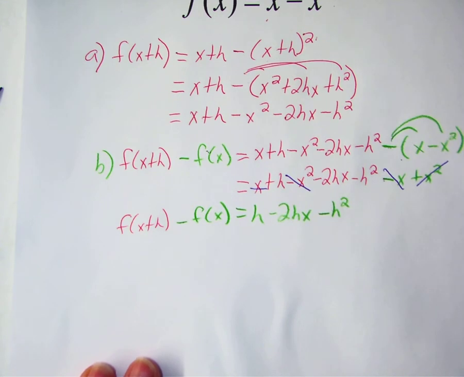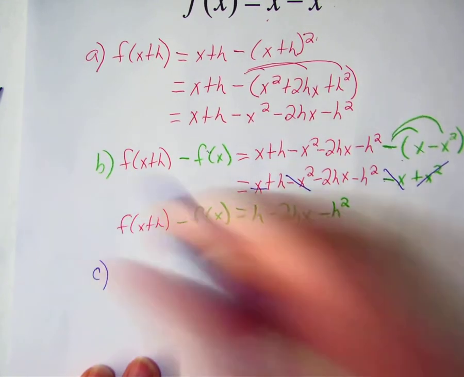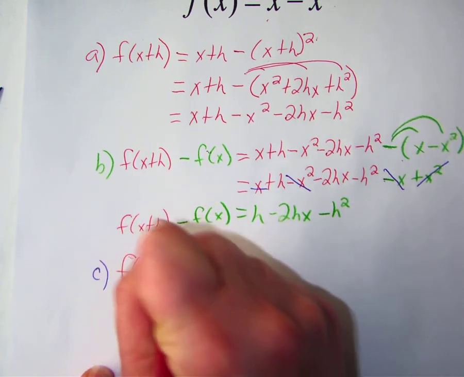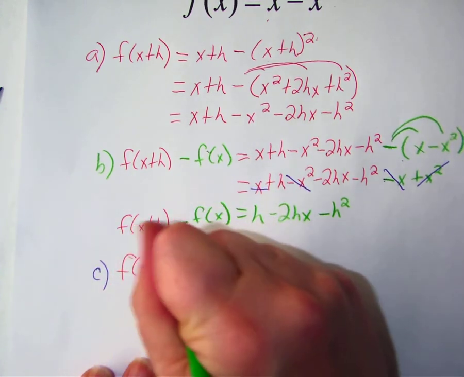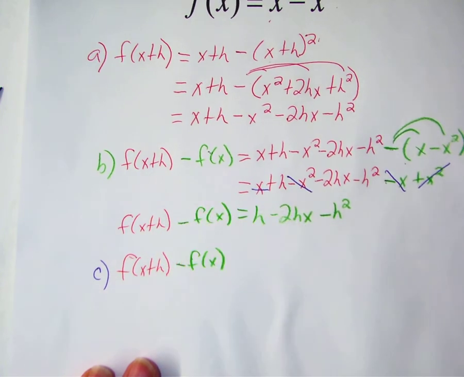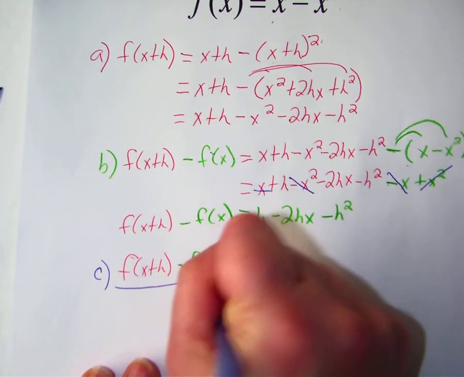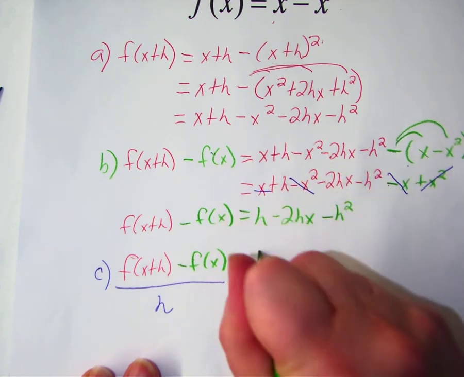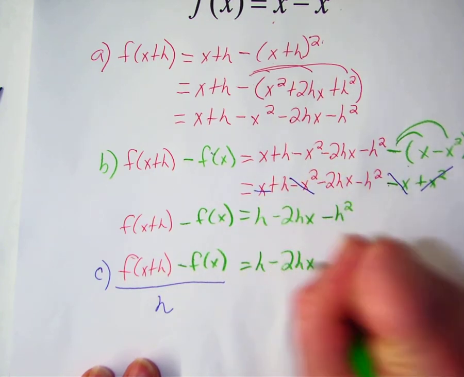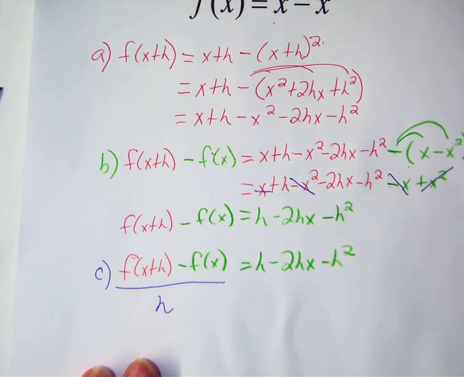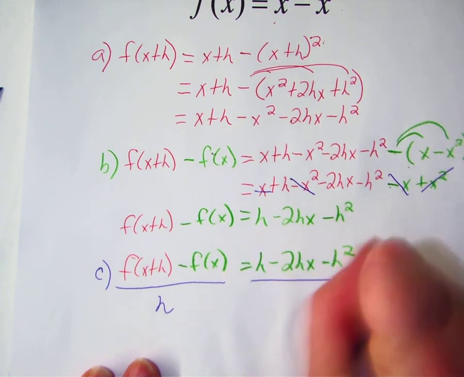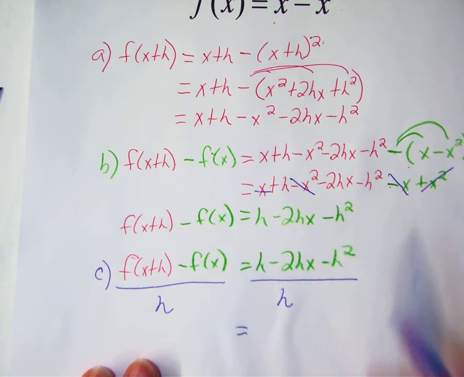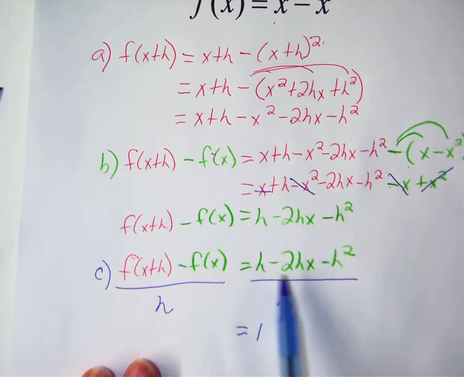The last step, divide by h. Take everything we had in the previous step. Divide it by h. All right, so the previous step, I'm going to copy down from the previous line. Divided by h. H divided by h is 1.